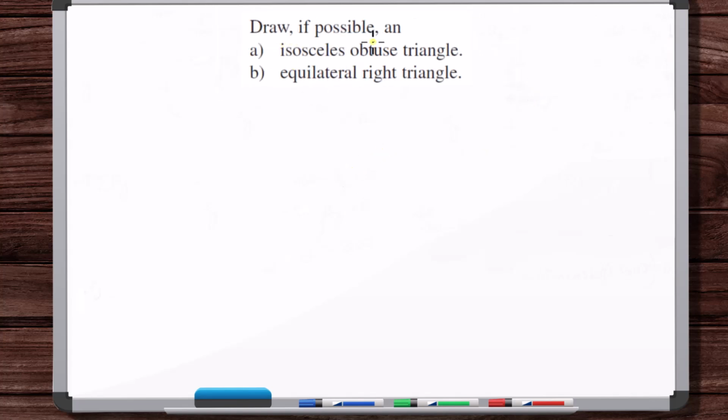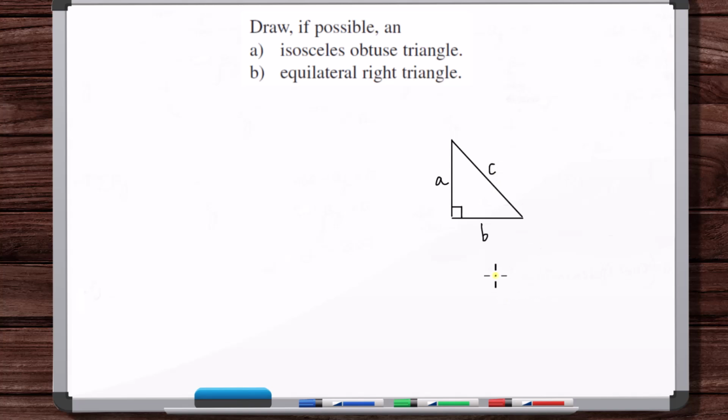Draw, if possible, an isosceles obtuse triangle and an equilateral right triangle. Okay, well, for sure, part B is not possible, because we're going to learn that there's no way that the hypotenuse, which is the side opposite the right angle, is not 100% going to be larger in length than the two legs, a, b, and c.